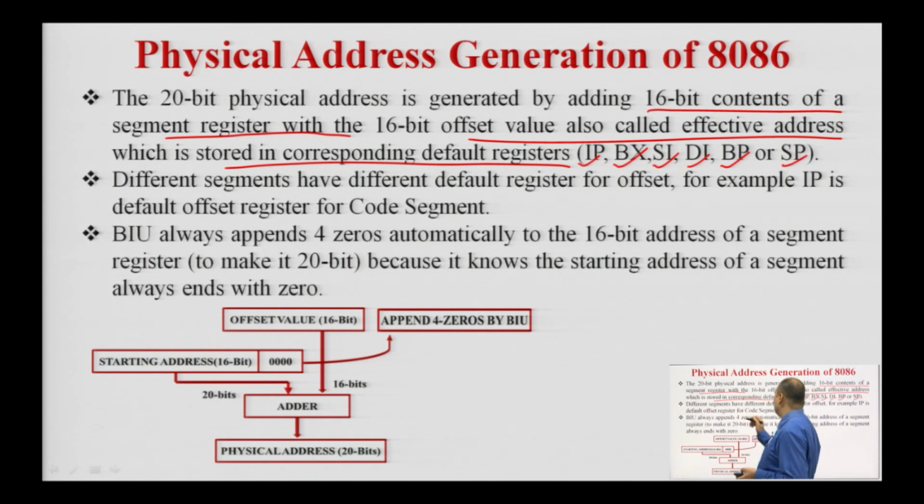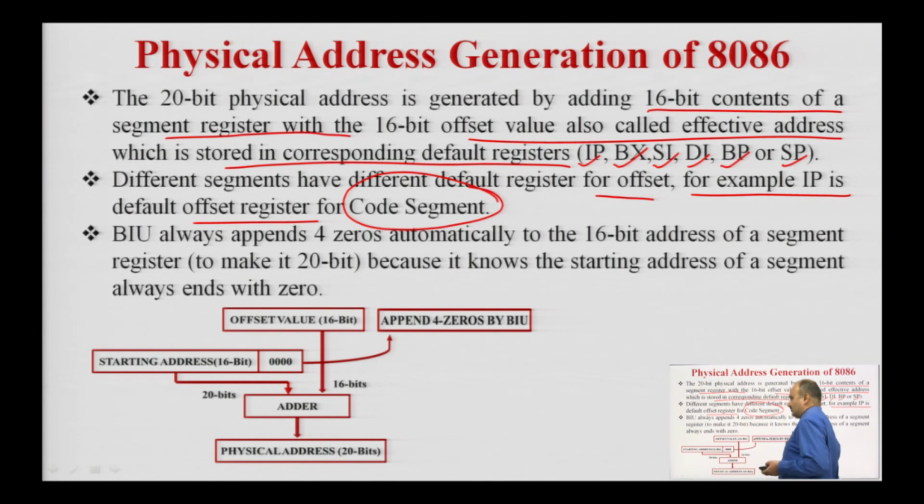Different segments have different default registers for offset. For example, IP is the default offset register for the code segment. So for the code segment register, IP, that is the instruction pointer, is the default register which holds the offset address. The bus interface unit always appends 0H.